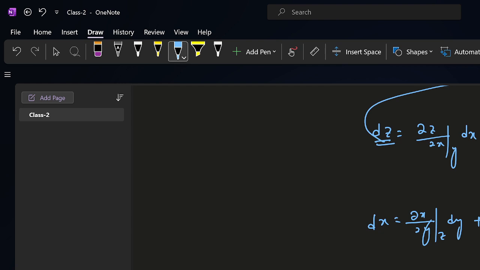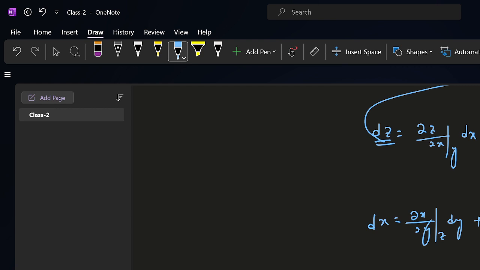So basically, now take out the common terms. You have dy in both terms, so the coefficient of dy becomes del x del y at z constant plus this second term, del x del z at y constant times del z del y at x constant. This whole thing is in common as the coefficient of dy.